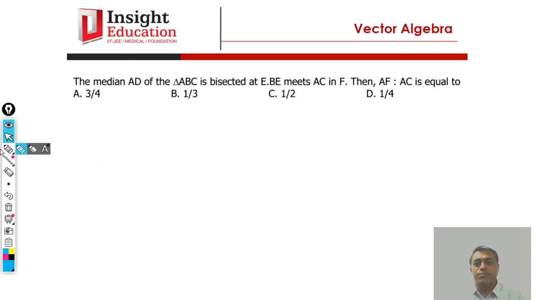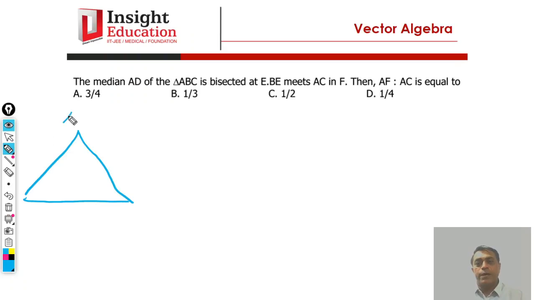So next example: the median AD of triangle ABC is bisected at E. So triangle ABC, median AD.